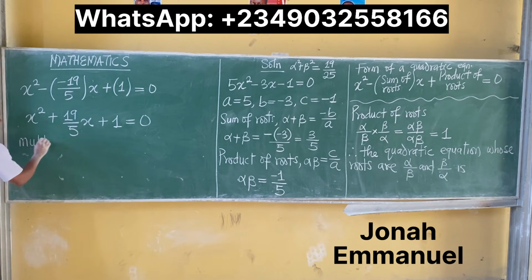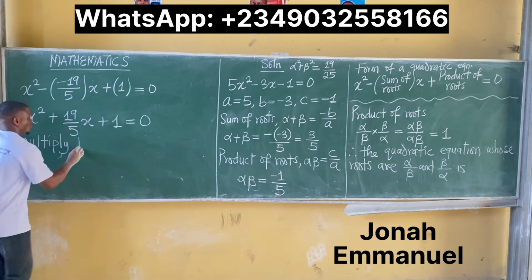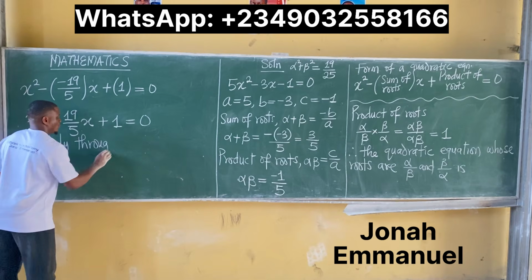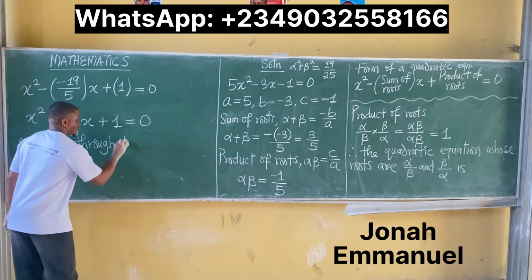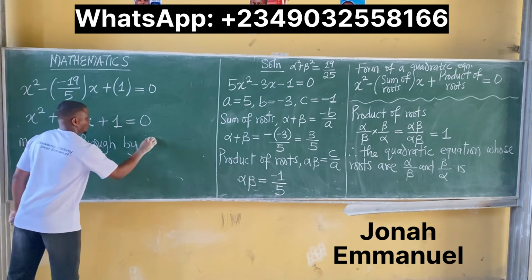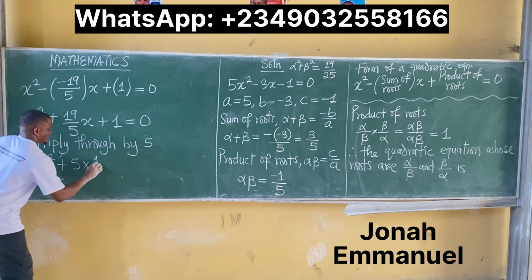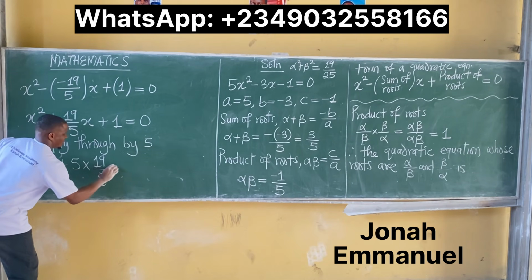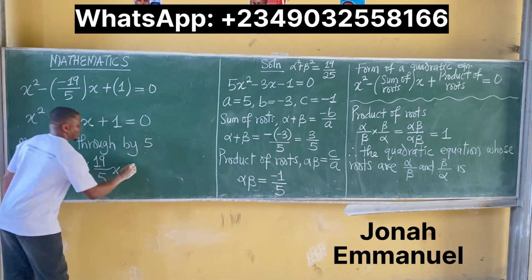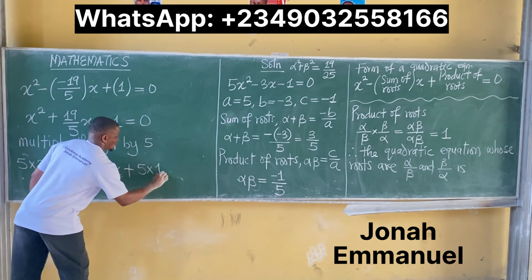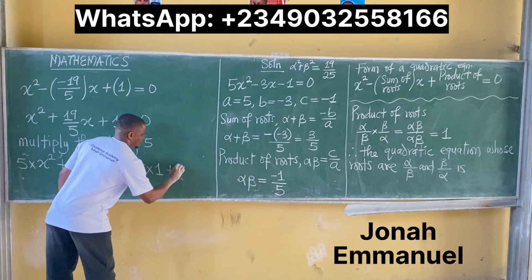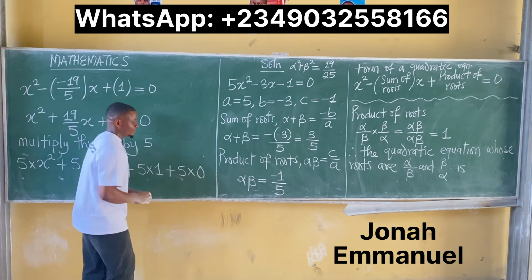So multiply through by 5, since the denominator here is 5. So it becomes 5 times x squared plus 5 times 19 over 5 x plus 5 times 1 plus 5 times 0.